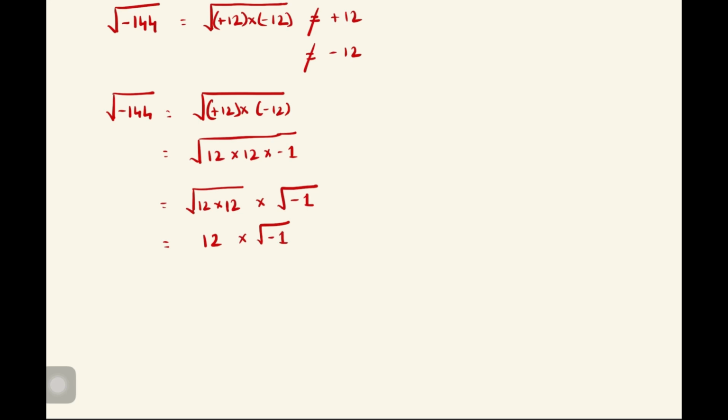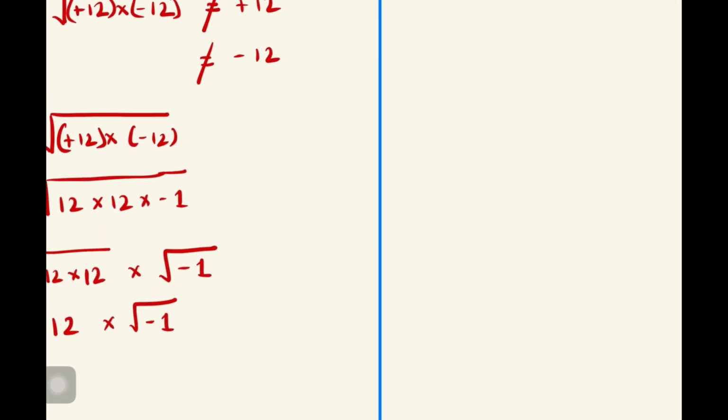Now what complex number says is, let's appoint a variable for square root of minus 1. In this case, i is equal to square root of minus 1. Some people call it j also.